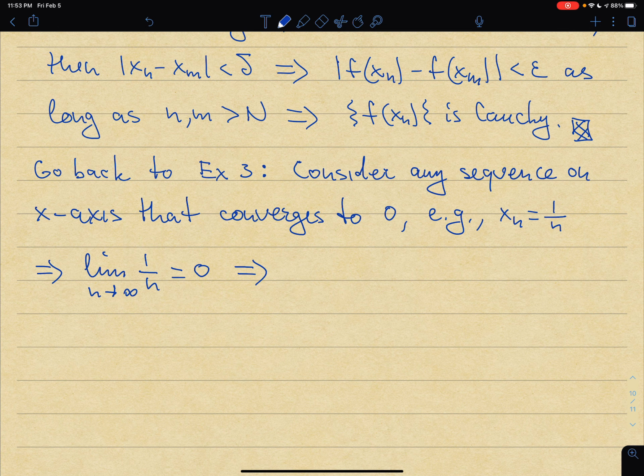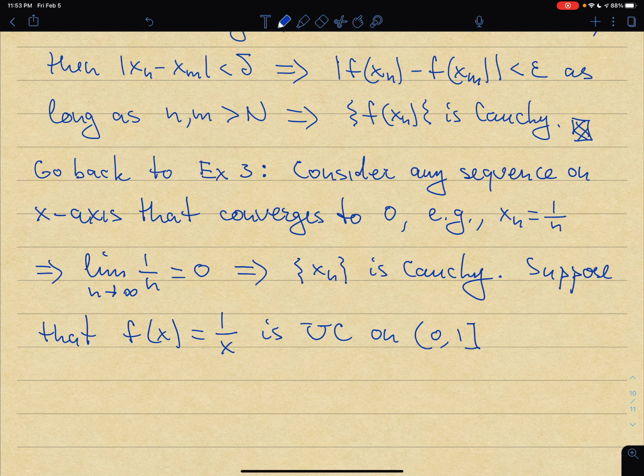Okay, now let's suppose that f of x equal to 1 over x is uniformly continuous on the interval from 0 to 1. We know that this is not true, right? Because we already showed that in this case, a common delta in the epsilon-delta definition of continuity does not exist. So let's see if we can apply the theorem that we just proved to show the same fact.